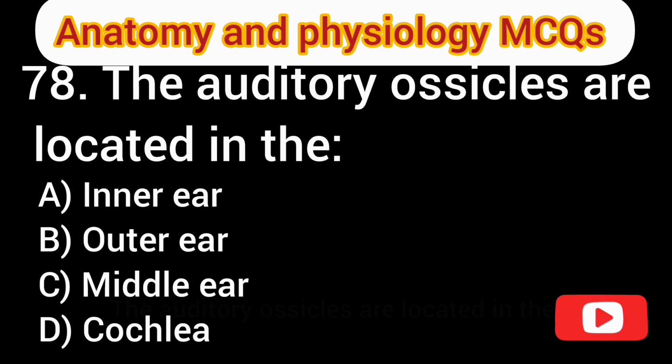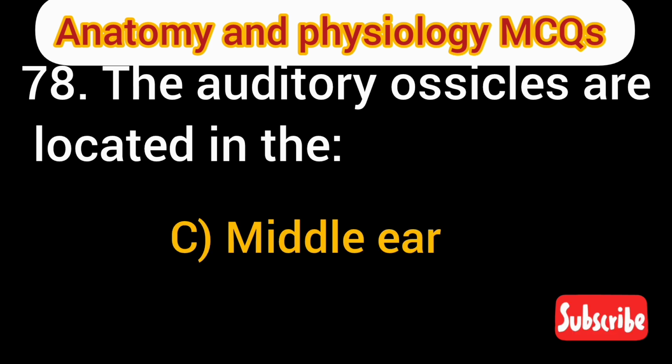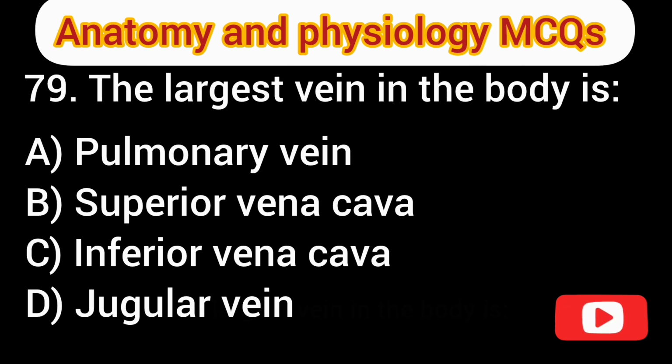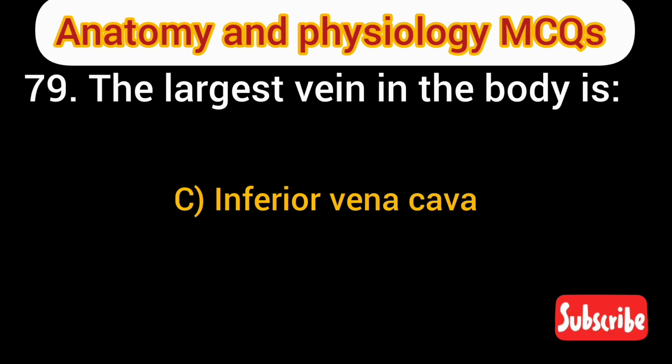The auditory ossicles are located in the middle ear. The largest vein in the body is inferior vena cava.